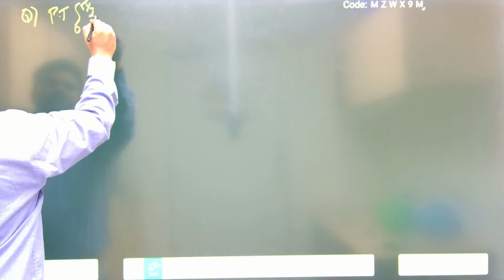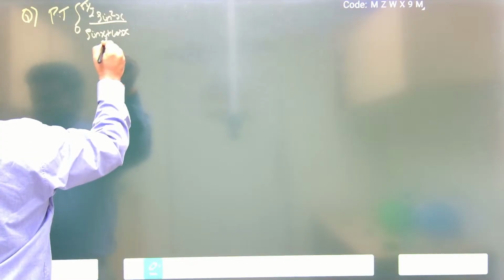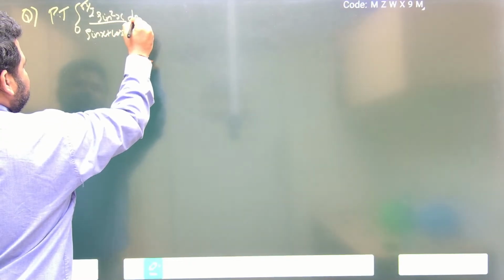the integral from 0 to pi by 2 of sin square x by (sin x plus cos x) dx is equal to, let me check the question, friends.